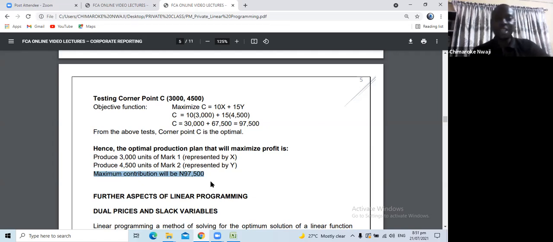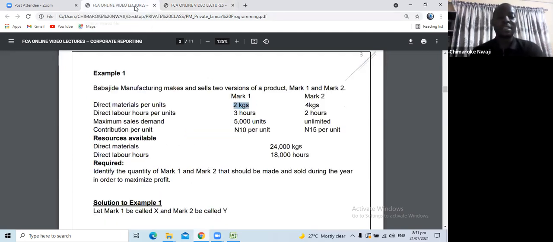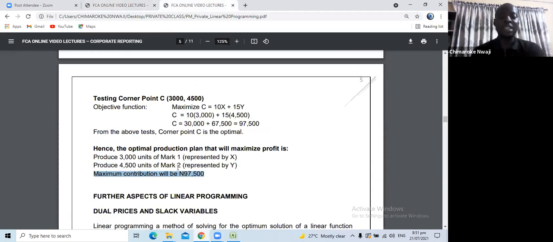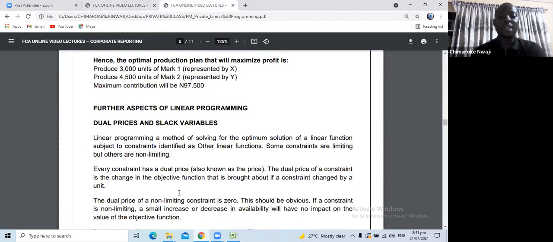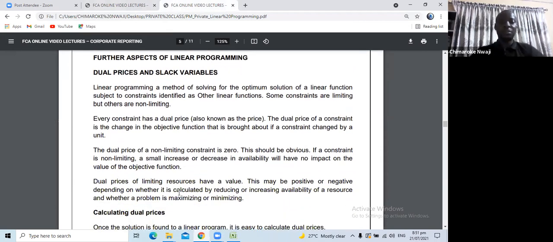Let's go to the further aspects of linear programming. The further aspect of linear programming, you'll be talking about dual prices, slack variables. What is dual prices? Dual prices is the shadow price that we talk about.